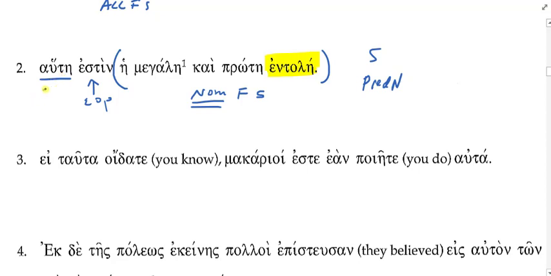Is this the third person pronoun, he, she, it, or is this the demonstrative? Okay, good. So it's the demonstrative. What gender is it? Feminine. Number? Singular. And case? Nominative. Okay, good. So what's it mean? This. Good. So which one of these is the subject?